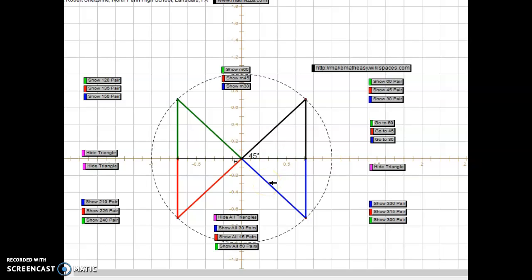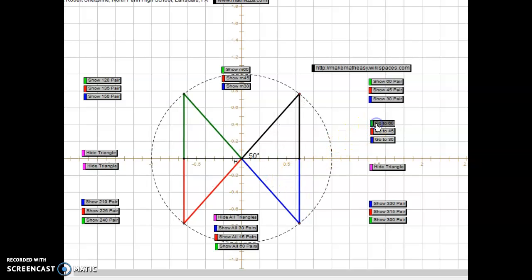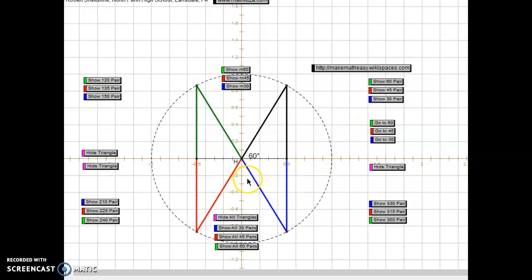Oh, that's 315. And here we'll go to the 60s. All the 60-degree reference angles. That's 60. Between the green and the x-axis is 60. That's 60. And between the blue and the x-axis is 60 degrees. So they're the 60-degree reference angles.